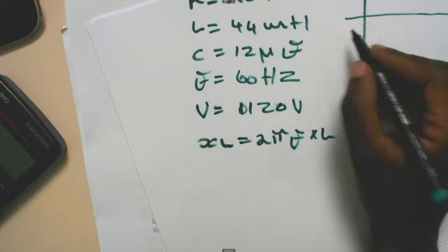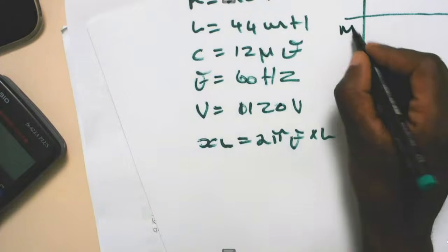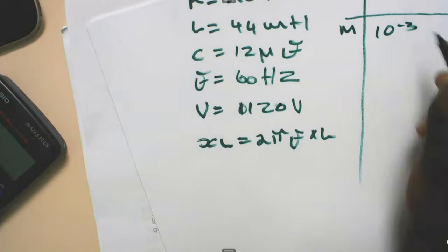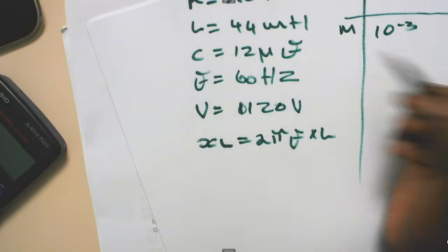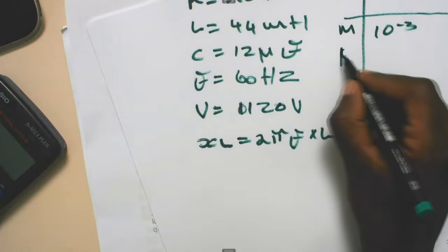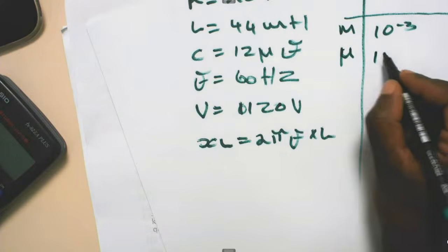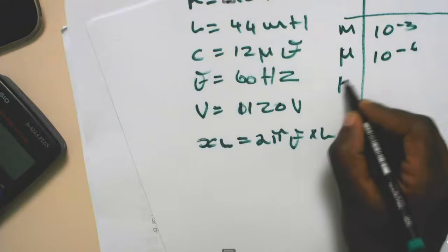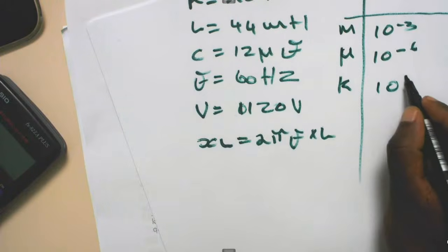Normally we use milli with a small m. Milli is 10 to the power -3. Then we've got micro, which is 10 to the power -6. Then we've got kilo, which is 10 to the power +3.